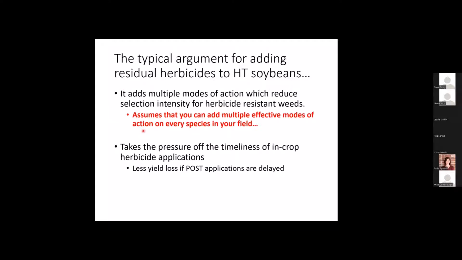But the challenge is that it assumes that you can add multiple effective modes of action on every species in your field. In other words, we have to have herbicides that provide the same level of weed control that glyphosate does on a number of species. And frankly, that just doesn't really exist in the soybean herbicide landscape.